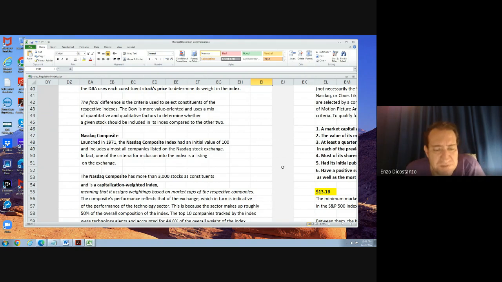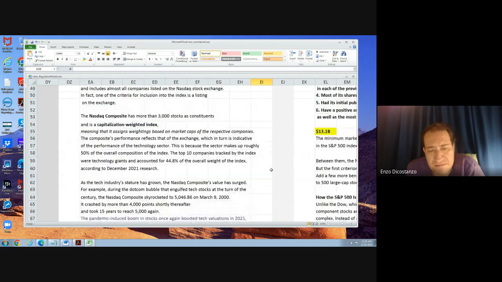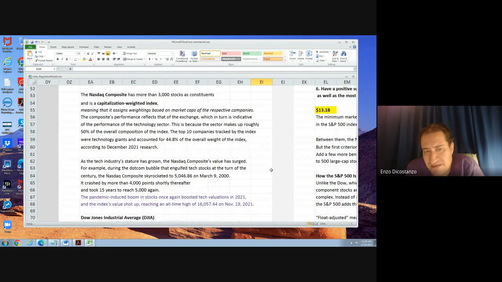The composite's performance reflects that of the exchange, which in turn is indicative of the performance of the technology sector. The technology sector makes up about 50% of the index. The top 10 companies tracked by the index were technology giants and accounted for about 44% of the overall weight of the index as of December last year, a year ago.